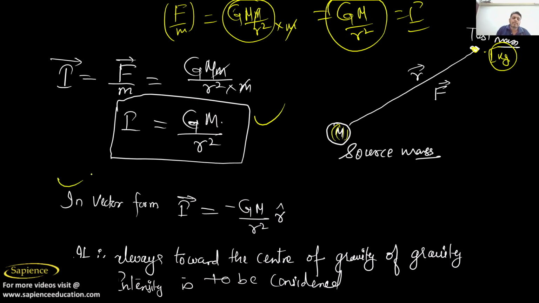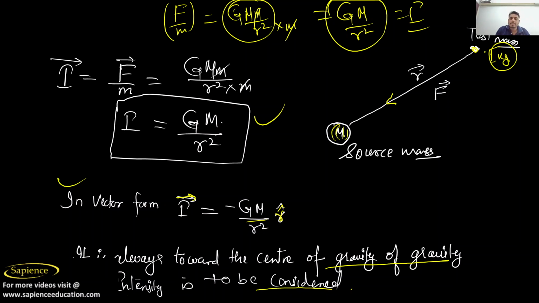Now if you want it in vector form, the intensity will be minus G M by r square into r vector. It is always toward the center of gravity of the body whose intensity is to be considered.